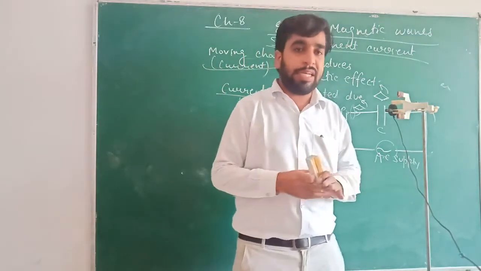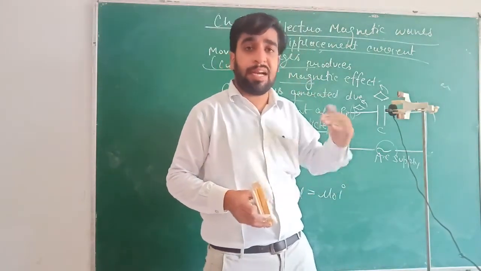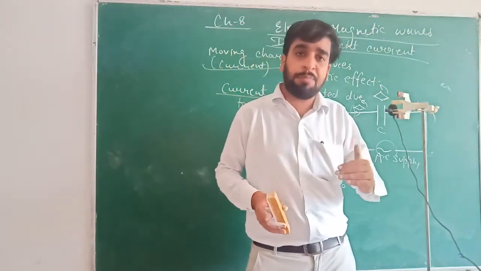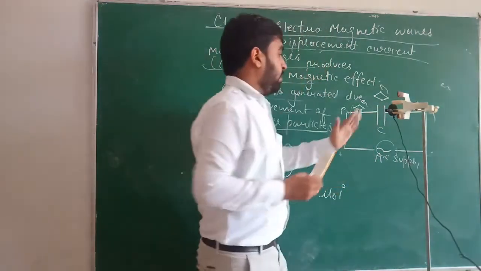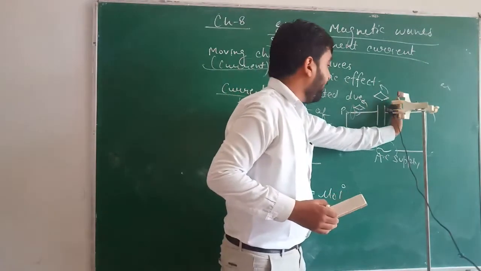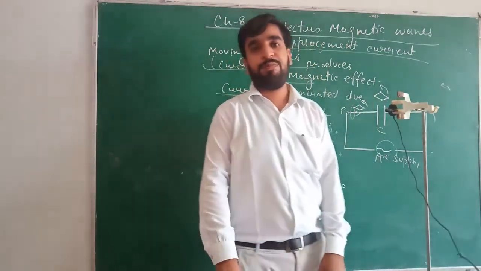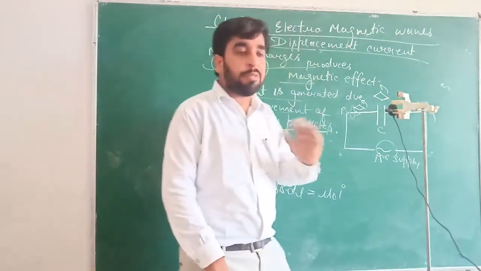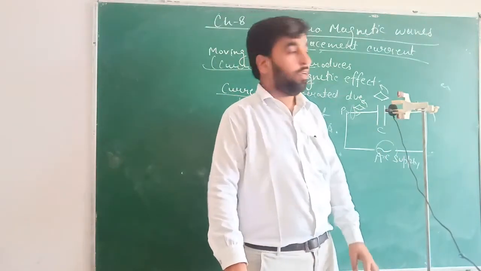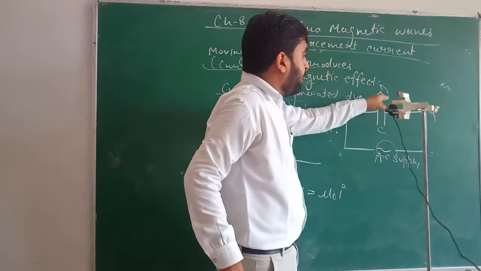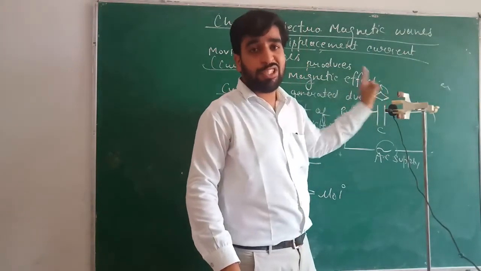We already have studied that for generating current, there should be charge particles present, and between this plate and this plate, there is vacuum. No charge particles or any kind of particles are present here. Yet this magnetic needle is still showing the deflection.